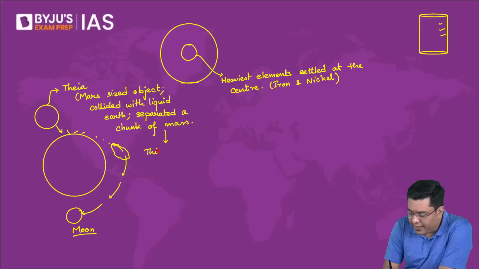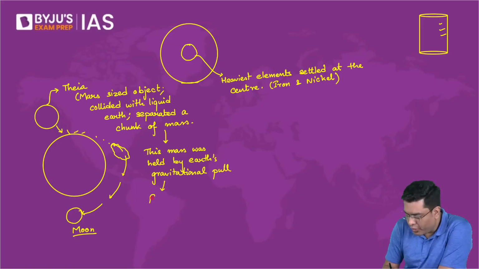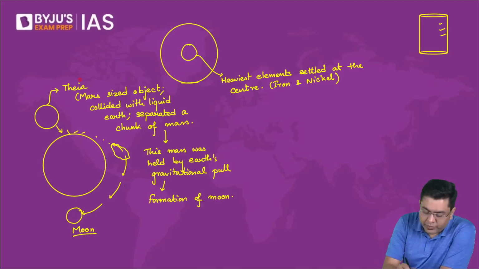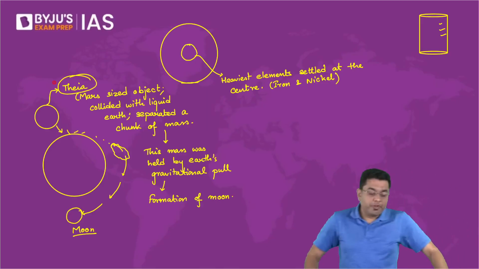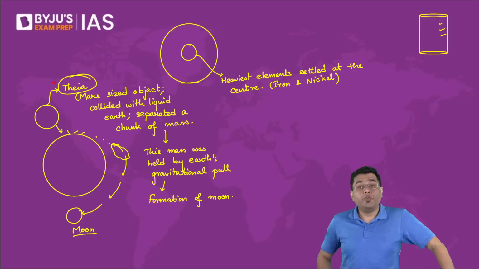This mass was held by the Earth's gravitational pull. By Earth's gravitational pull. And this led to the formation of moon. So this was your large object, Theia, which collided. And that is how formation of moon happened.